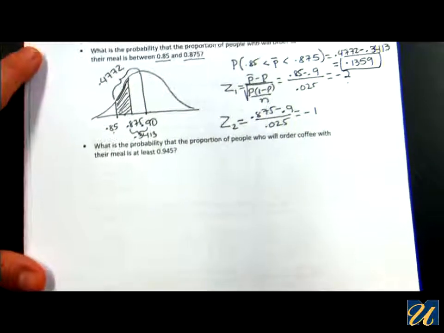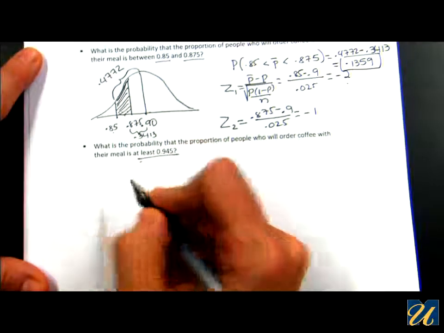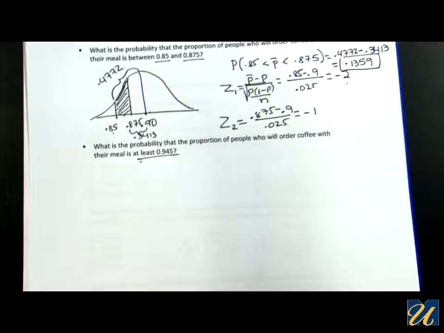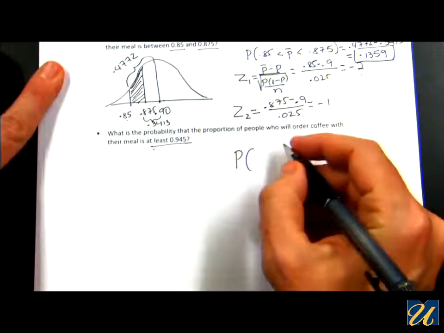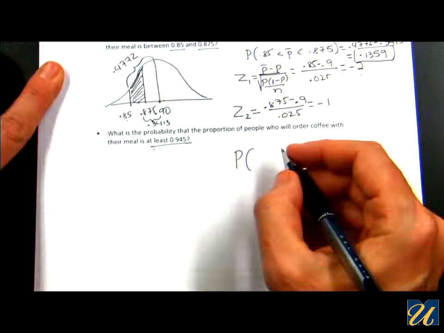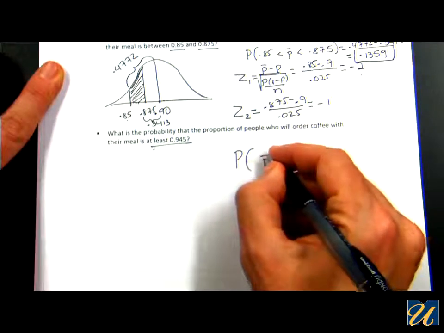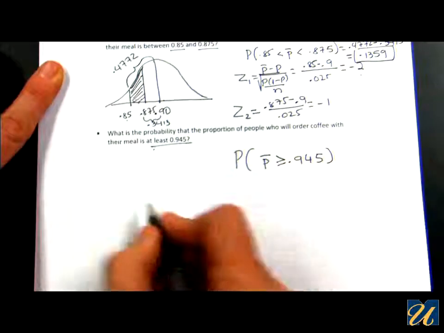What is the probability that the proportion of people who will order coffee with their meal is at least 0.945, at least 0.945? So let's look at our normal curve. I'm looking for P bar to be greater or equal to 0.945.